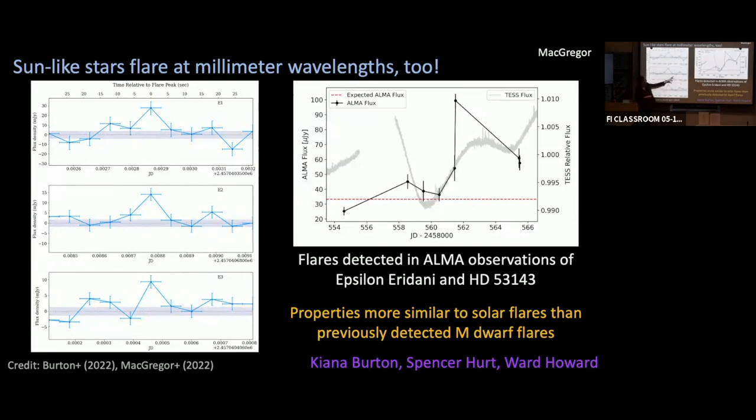And these are the 8 hours of ALMA observations just looking at the bright point source in the middle, which is actually changing considerably and is evidence for a flare from this star as well, which is a billion-year-old sun-like star. So this seems to be common. We see millimeter flares from FGK stars, M stars, typically in millimeter wavelengths.